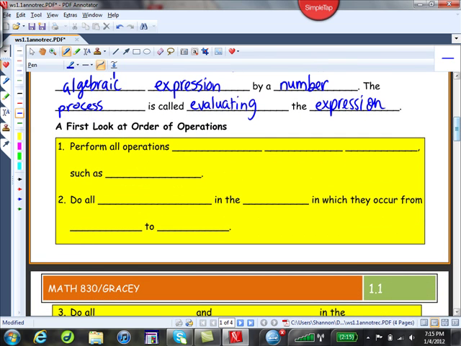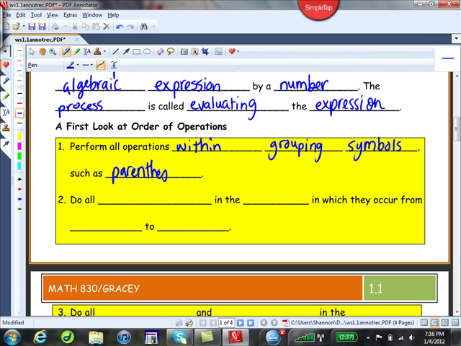So here's a first look at our order of operations. You perform all operations within grouping symbols. So some grouping symbols that you're used to seeing are parentheses, square brackets, stuff like that. And that's usually what is done first, so such as parentheses.